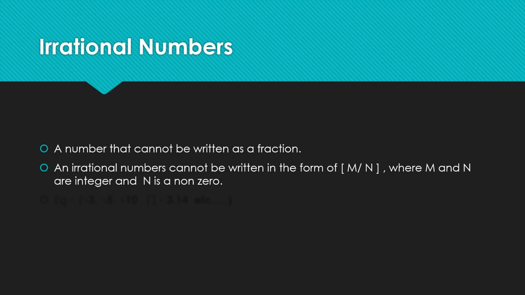We can't write these numbers in the form m by n. Examples are square root of 3, square root of 2, square root of 5, and pi, that is 3.14, etc.